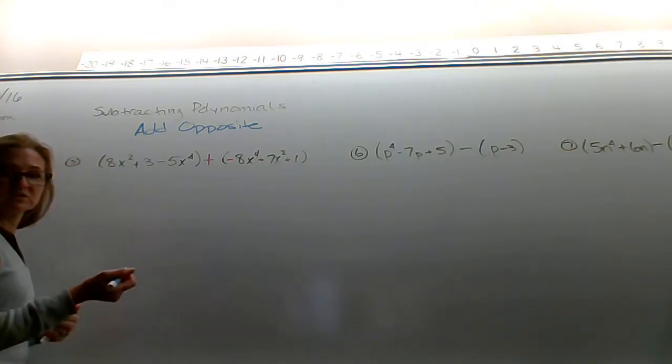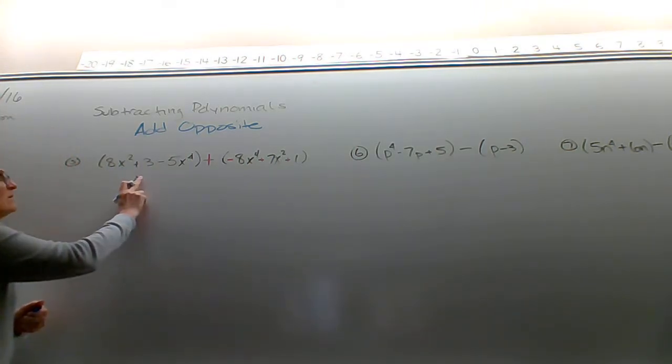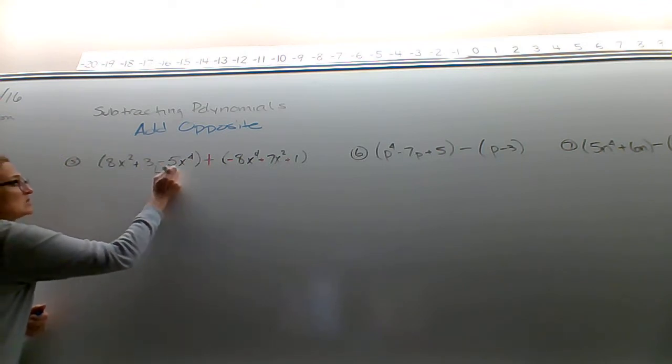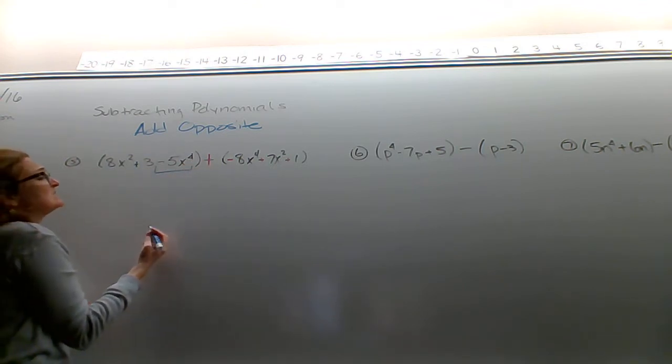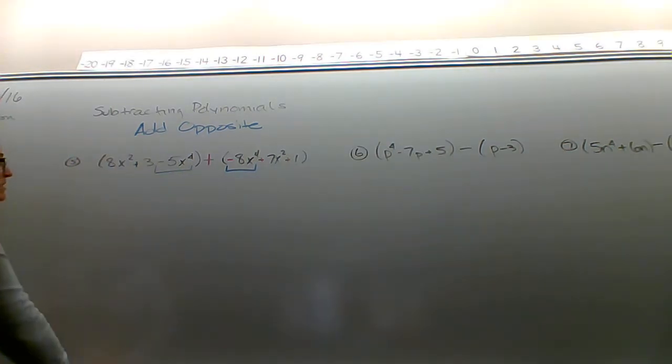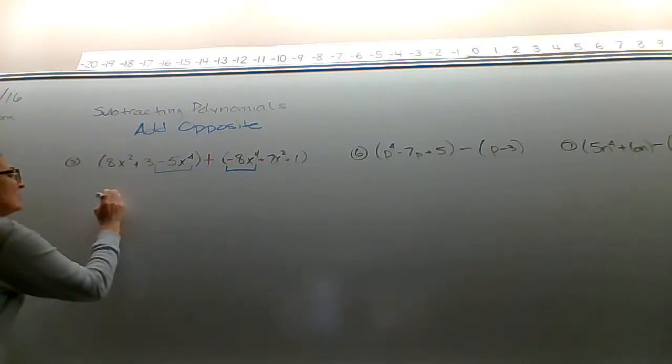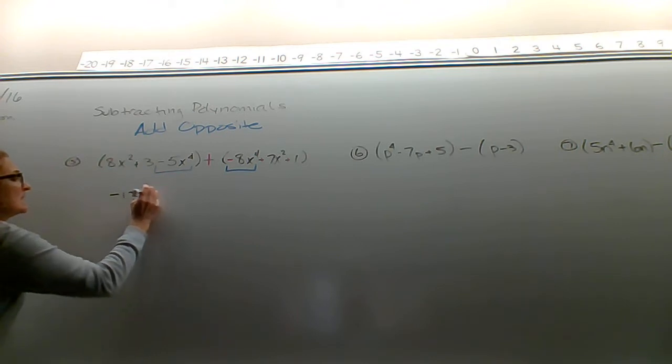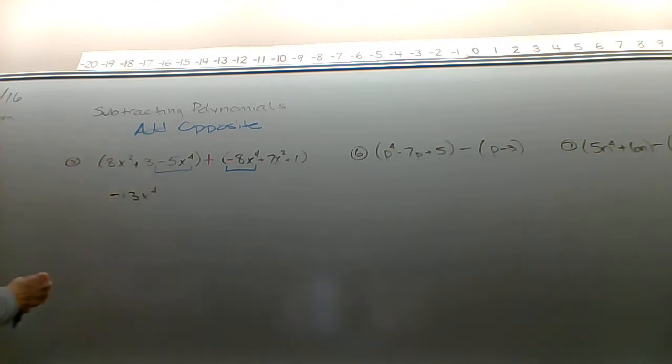So we have our like terms in number 1 now that we've done our add opposite. We have like terms of -5x to the 4th and -8x to the 4th. That will combine to give us -13x to the 4th. The next set of like terms would be a power of 3. We don't have a power of 3, so we move on to a power of 2.